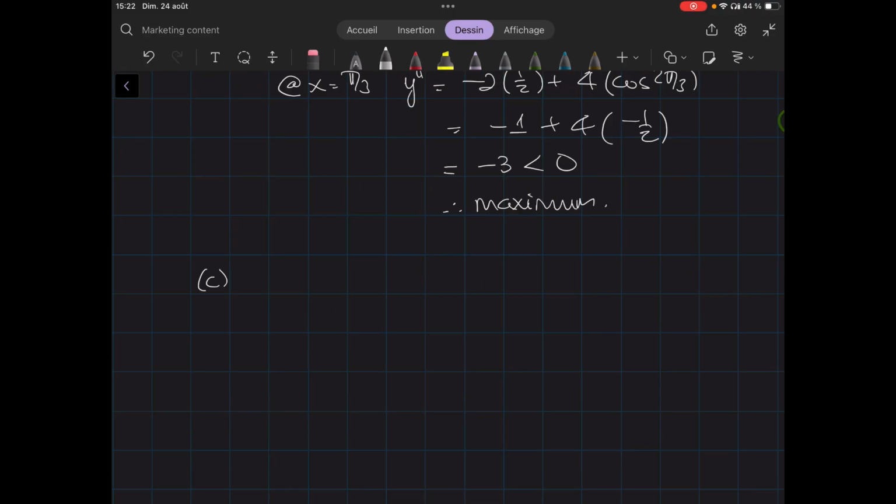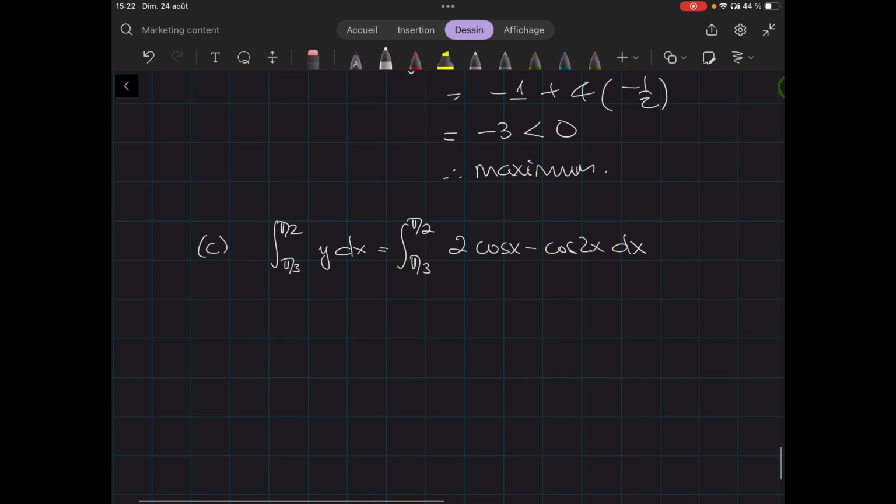In this part, you have to find a definite integral. The integral of cos of x is sine of x.